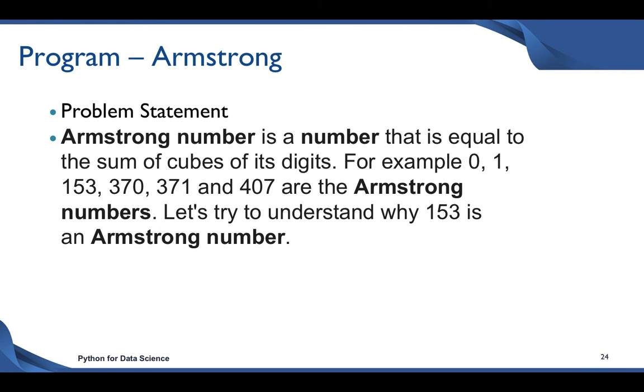Then there is a popular program known as Armstrong, right? An Armstrong number is a number that is equal to the sum of cubes of its digits. For example, let us take 153.